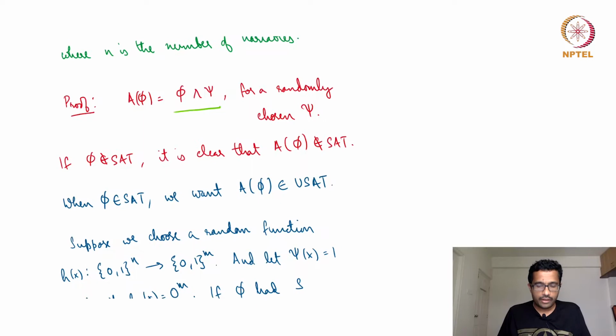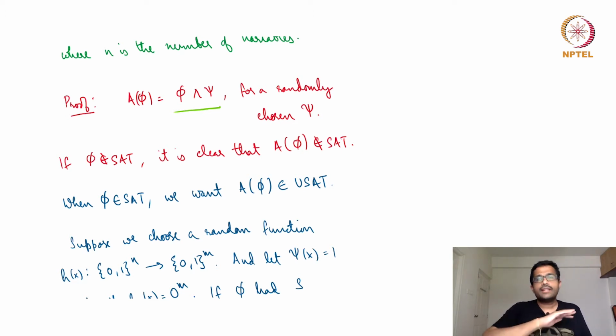And we will choose the randomly chosen psi in such a way that psi will cut many assignments. Psi will make many of the assignments not satisfying. So if there were 100 assignments, psi will cut it by enough so that what is likely to remain is exactly one satisfying assignment.